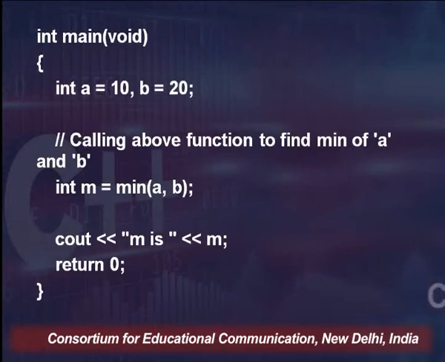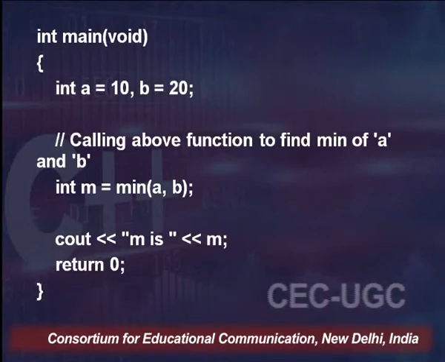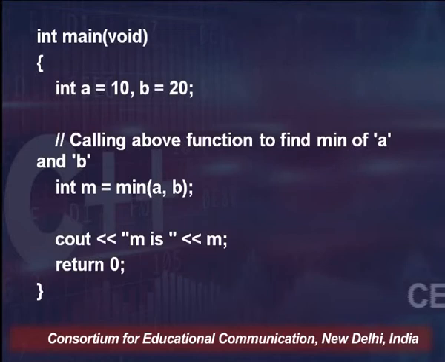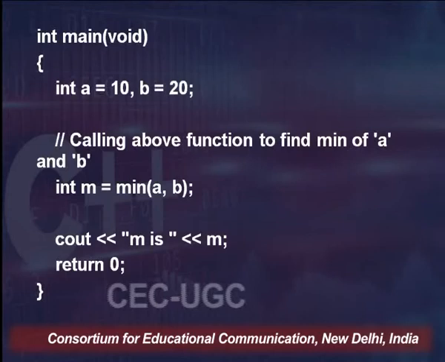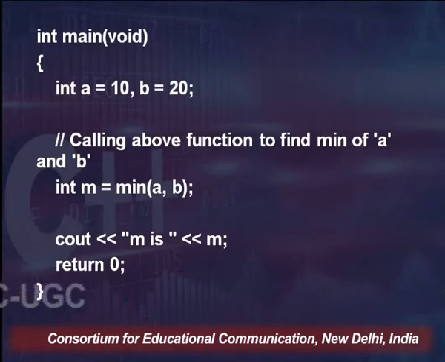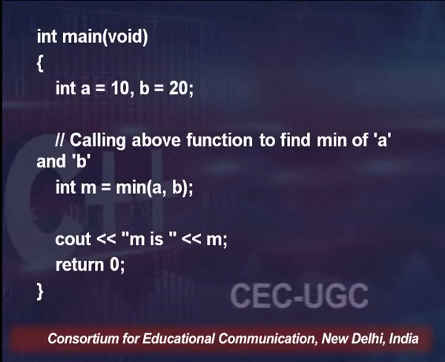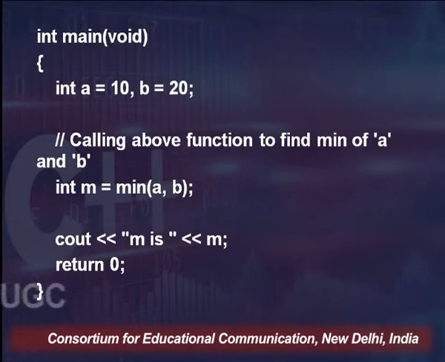So here we have two functions. One is a calling function, and another is a called function. Our min function is a called function, and it is being called inside the function main. So main has become the calling function and min is the called function. Whatever values min gets in the form of parameters are given by the main function.